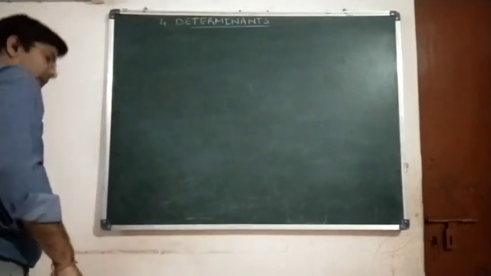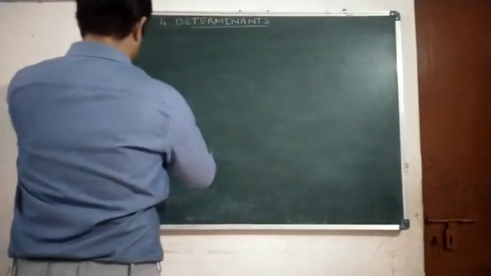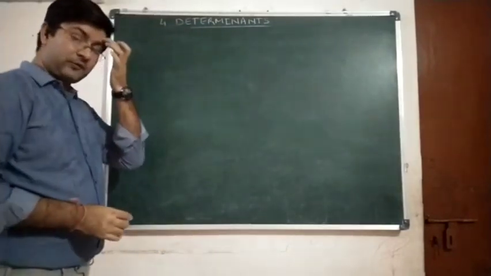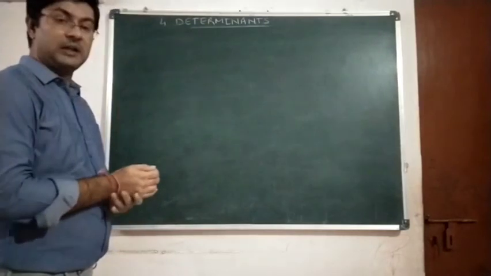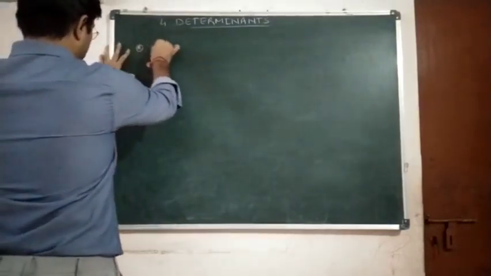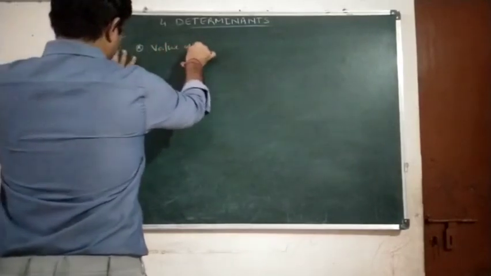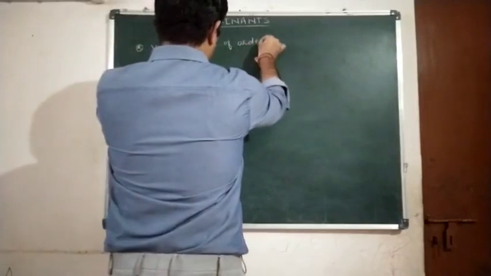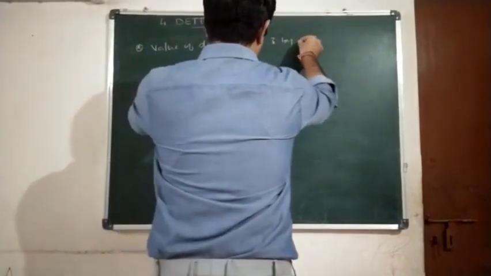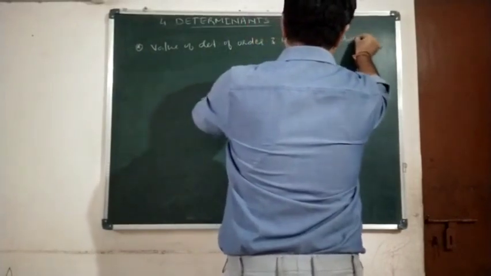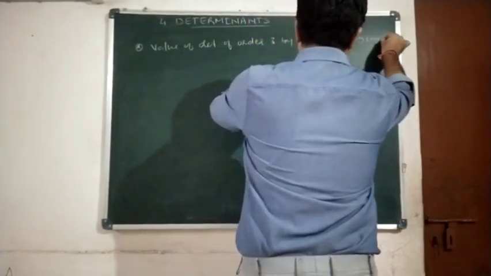Now let us see Sarrus rule, finding the value of a determinant of order 3 with the help of Sarrus diagram.